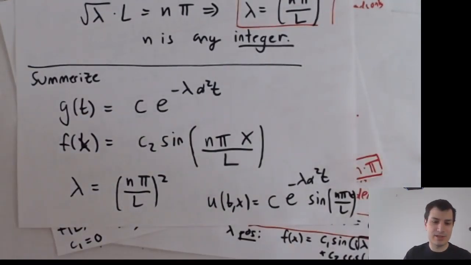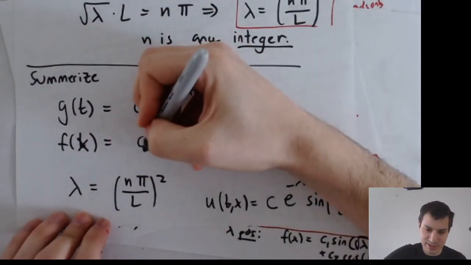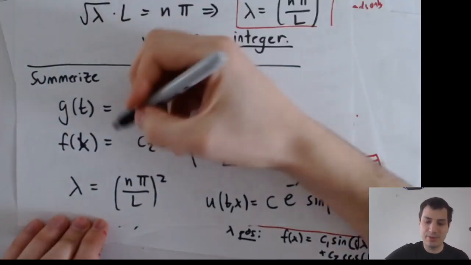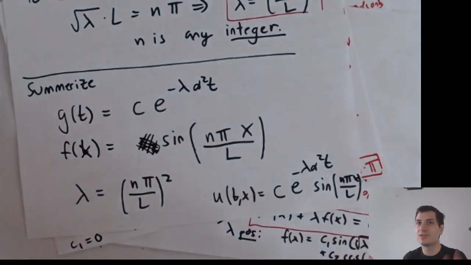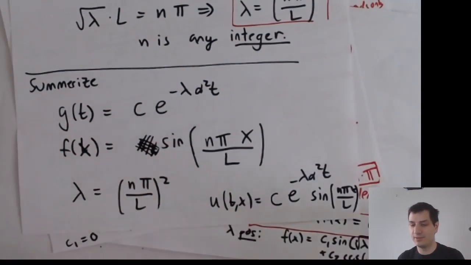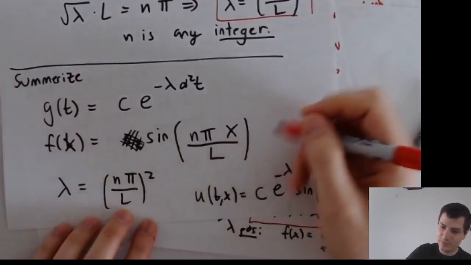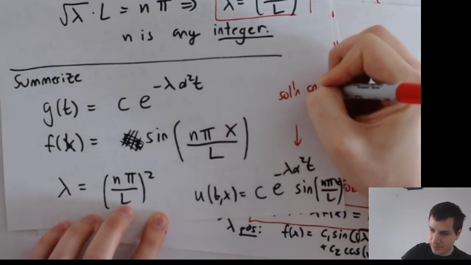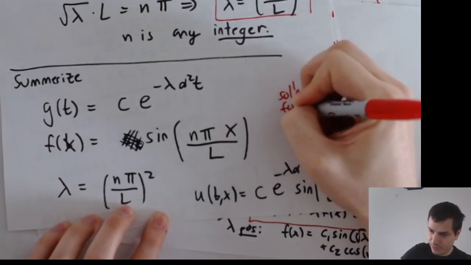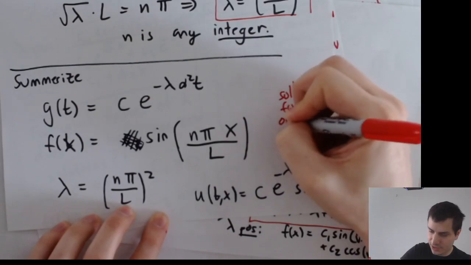So let's drop the C2 just so we have a C, and that's just because they're getting multiplied together. So you don't need two constants, it's just one constant. So that is the solution from separation of variables.